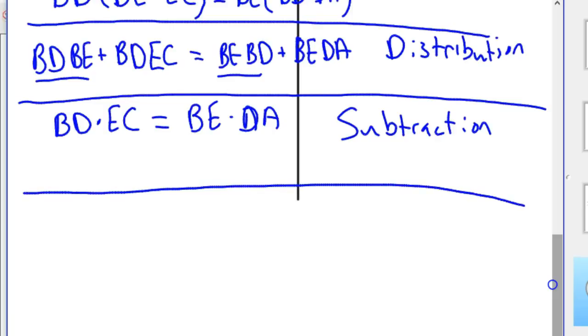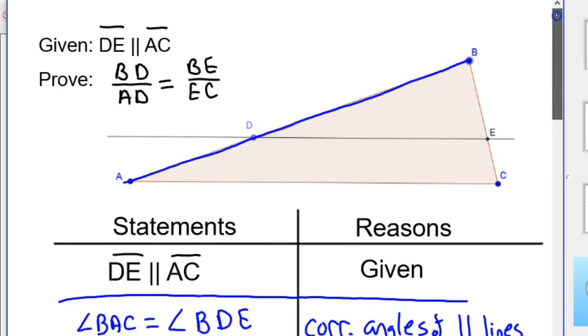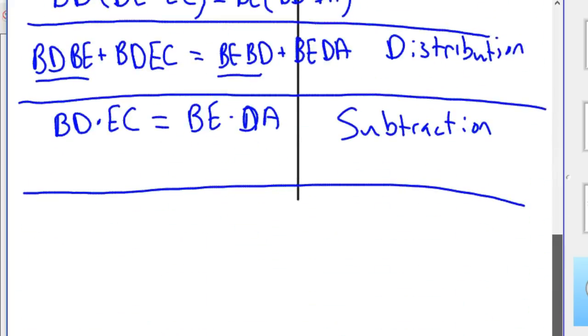So at this point, we're going to divide both sides by, because you look at what we needed to find, and I need to kind of hustle here, but we needed to have a BE on top and EC on the bottom. And so we're going to divide both sides by each other.